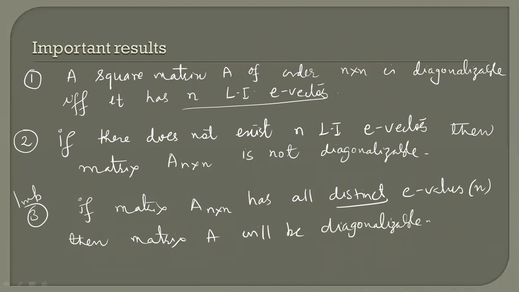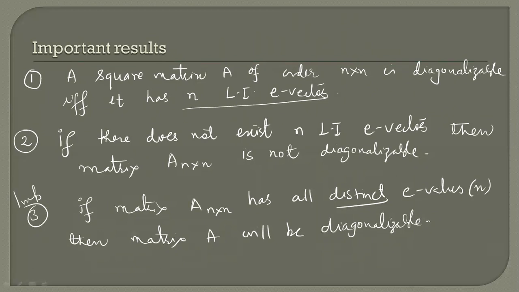Let's revise lecture 11. Corresponding to each distinct eigenvalue, we will get one linearly independent eigenvector. So for n eigenvalues, we will get n linearly independent eigenvectors. It means we will get the similar matrix P. Therefore, matrix A will be diagonalizable.